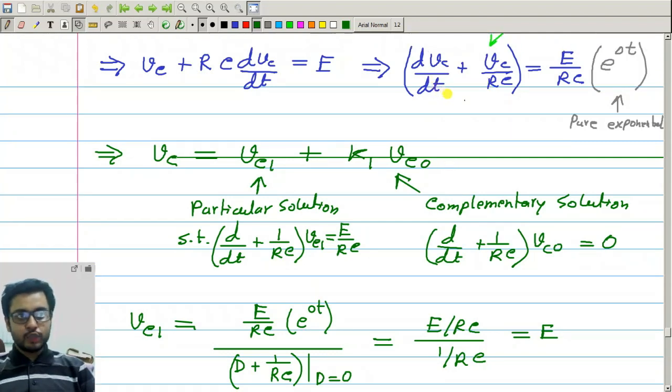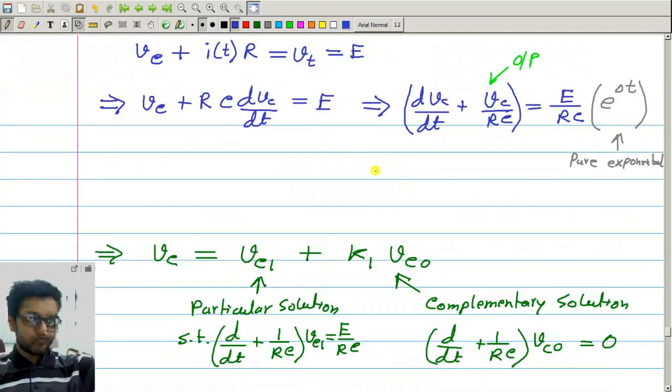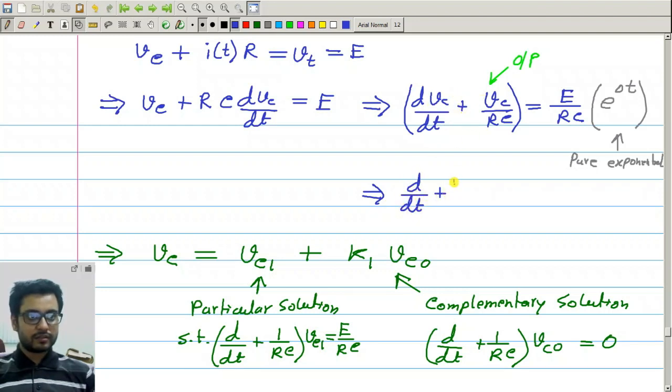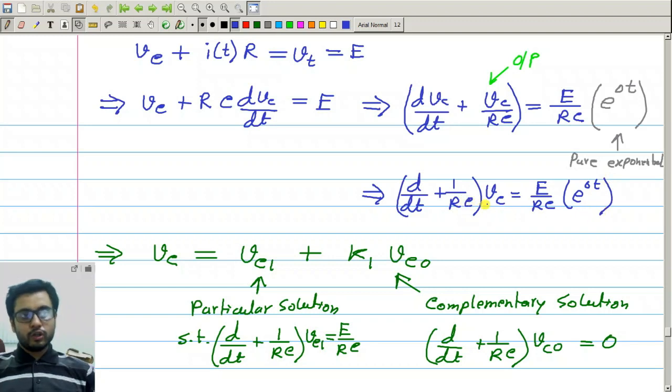And Vc0, a complementary solution, you can find for this differential equation as e to the power minus 1 by RC t, because the root of this polynomial is minus 1 by RC.